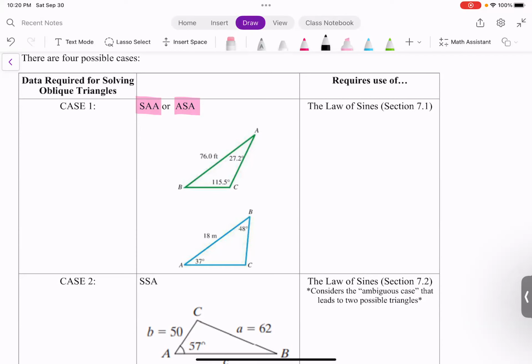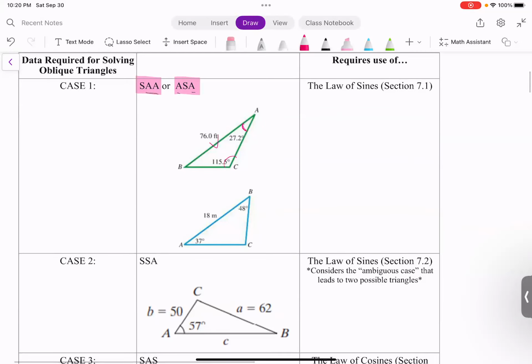Because we have two angles, where A represents angles, and one side. SAA means I know one side and the angle next to that side and the next angle. This is the SAA case. Another case is ASA.